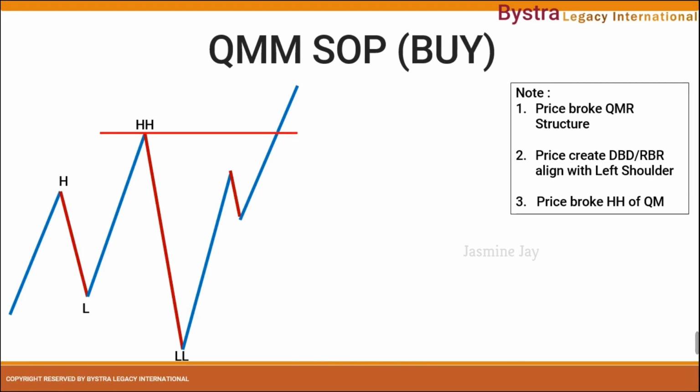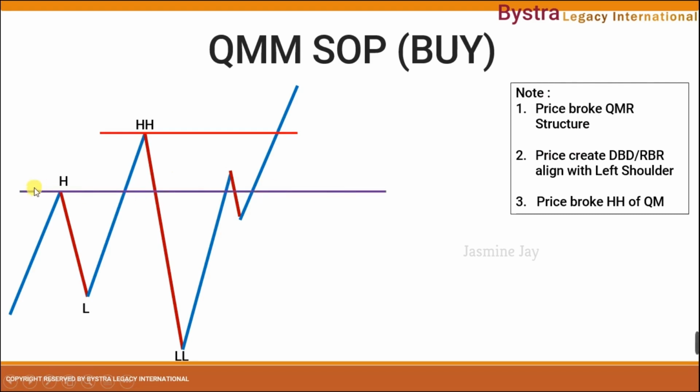Now let's look at the QM manipulation SOP for a buy setup. The same goes for the structure: they have a high, low, higher high, lower low. Now price has broken the QMR structure and it has created an entry point for us, which is the rally base rally for a buy setup. At the same time, price has broken the higher high of the QM head. Therefore, with these three, we can see that this is a potential QM manipulation for a buy setup.